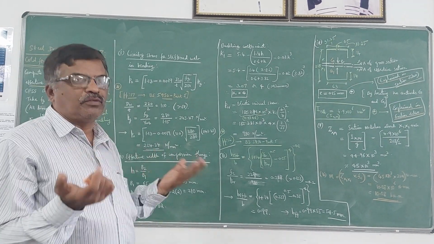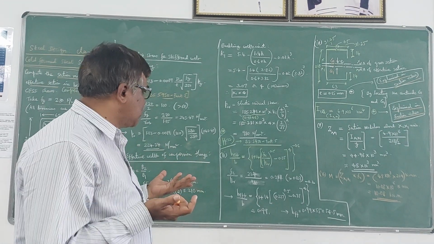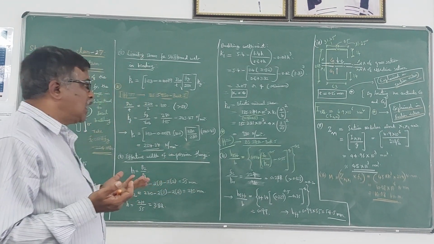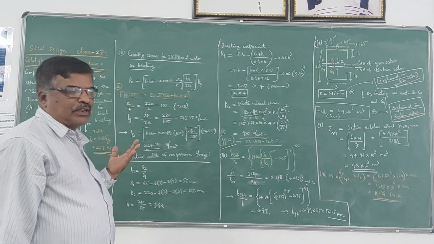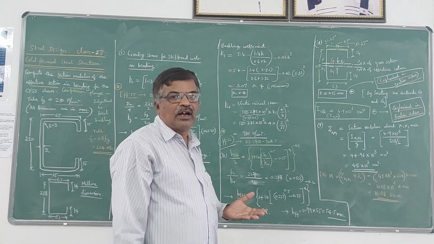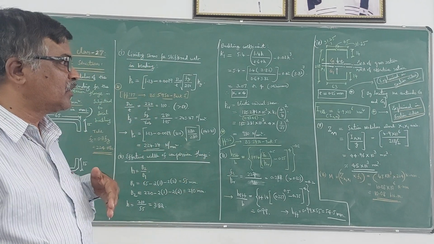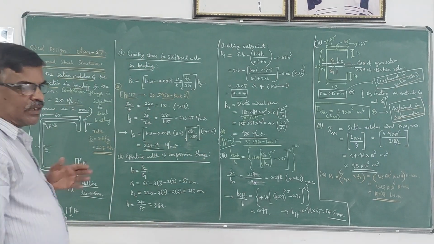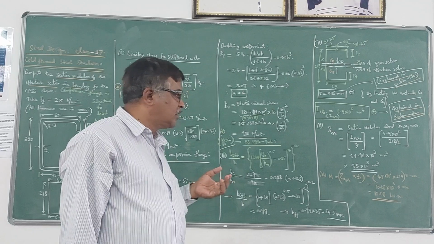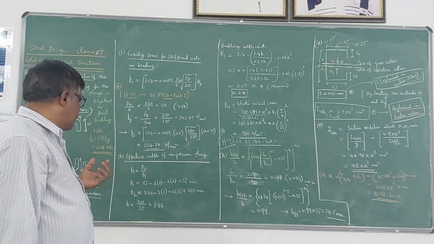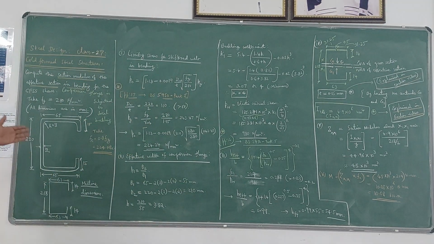So we have to find the effective width and all as per the code, and then we need to find the moment of inertia of the effective section. Then we have to divide that moment of inertia by the distance of the farthest fiber to get the effective section modulus. Now the question is like this.